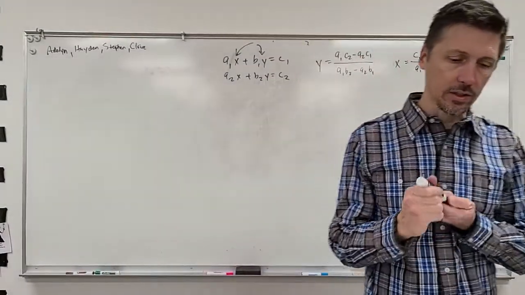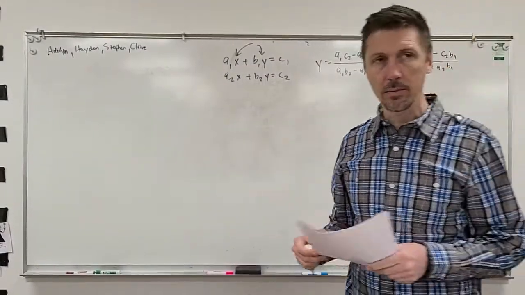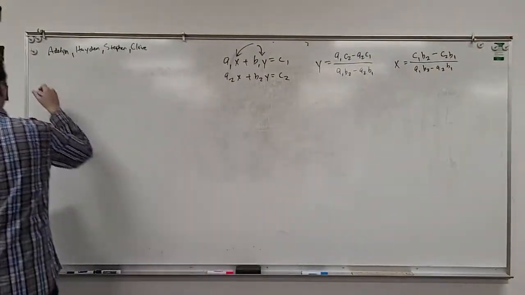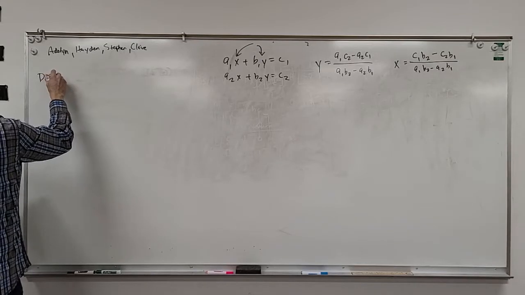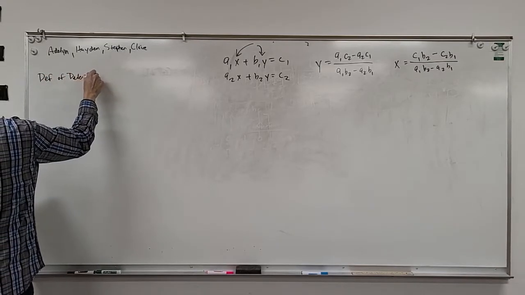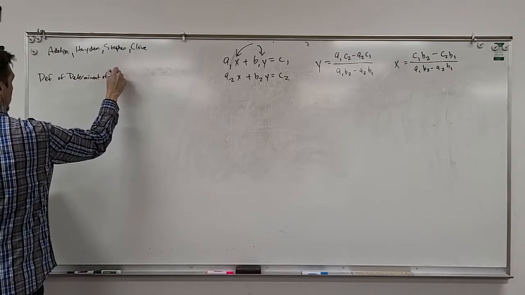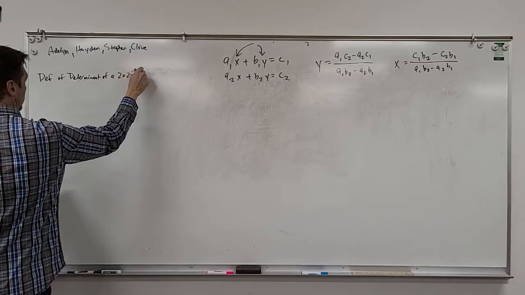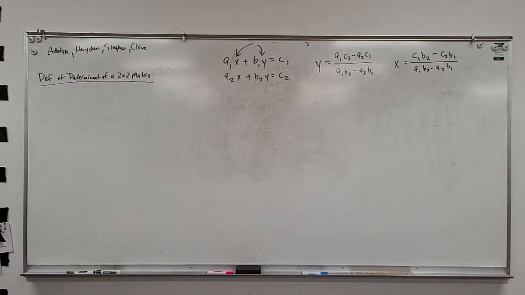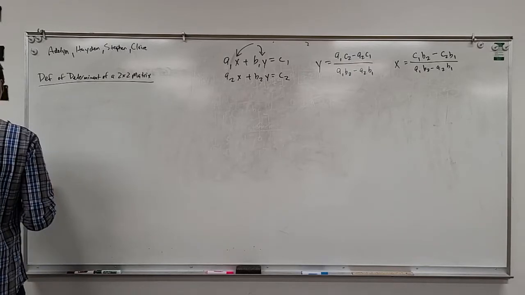And so that's where we get the idea of the determinant from. That's how they came up with this concept of determinant. So let me give the definition of determinant of a 2x2 matrix. Right, because that's the size matrix we would have if we were solving two linear equations.